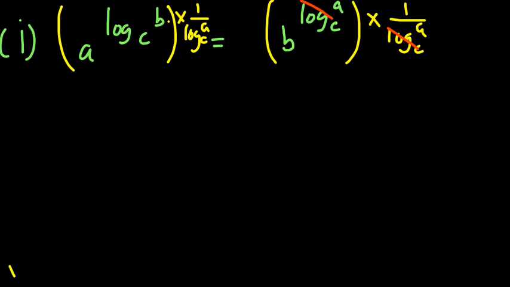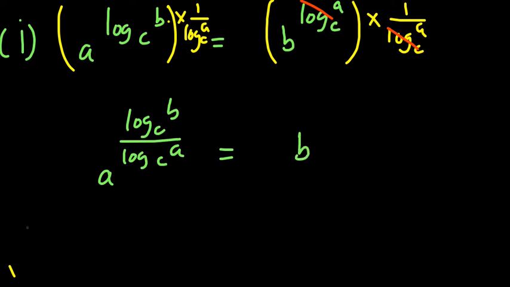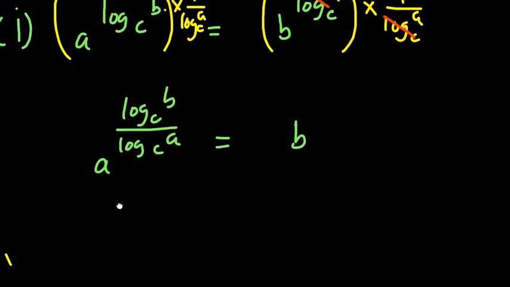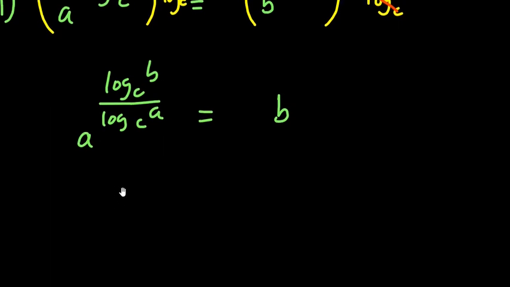Now we are left with log c b over log c a is equal to b, of course, and this, we are simply applying the property of change of base of logarithms. For example, we see these bases have the same base, which means this is the same as log a b.